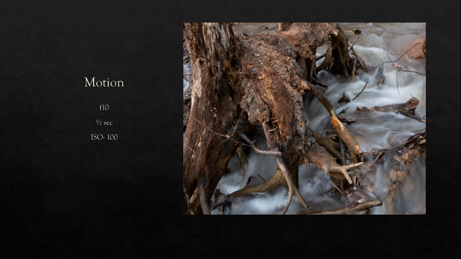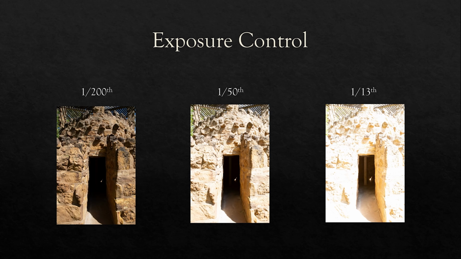It'd be a very short snippet of time that is pretty much like a still frame. There wouldn't be any motion or very little. So for this instance, I chose to use a longer shutter speed for moving water.